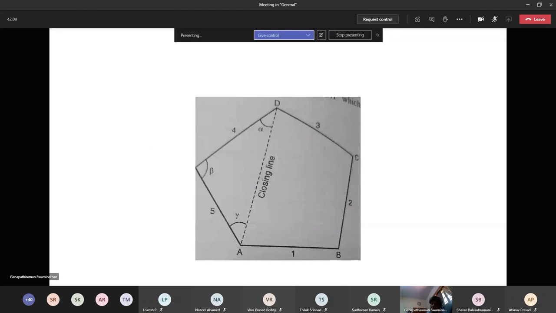How will you find out the length of DA? I know the bearing of AB. I know the bearing of BC. Sir, I know the bearing of AD, the sum of all. Sir, ADCB is a closed traverse, so from that we can find DA. It becomes a closed traverse wherein DA is the omitted measurement. Okay, so I can find it out applying the principle of this.